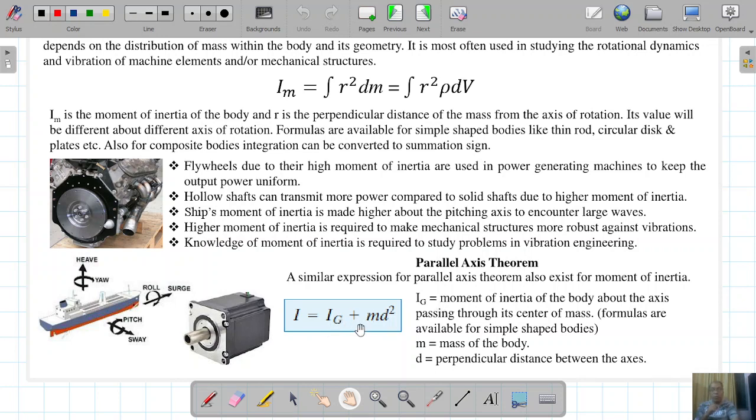I equals Ig plus md square, where Ig is the moment of inertia of the body about the axis through the center of mass of the body, m is the mass of the body, and d is the perpendicular distance between the axes.